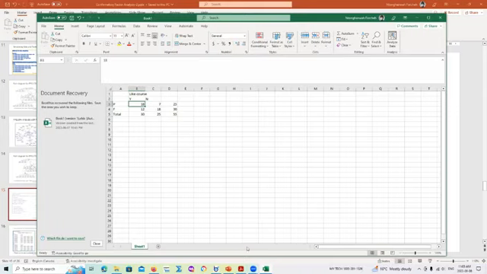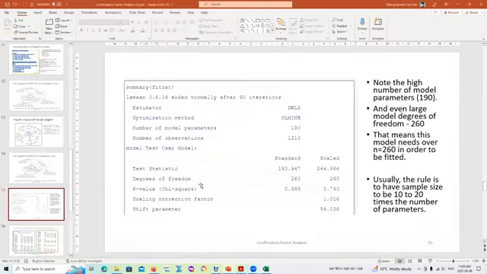Okay, so for me to calculate the degrees of freedom here, I need to know the number of parameters in the model, which is this one, where is it? You see here, this number of parameters is 190. So my sample size must be more than 190. Okay, but these are just the parameters that it's doing. In case there are other functions to be calculated, then they will all add up to this.